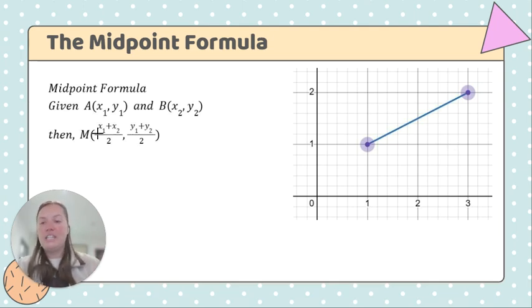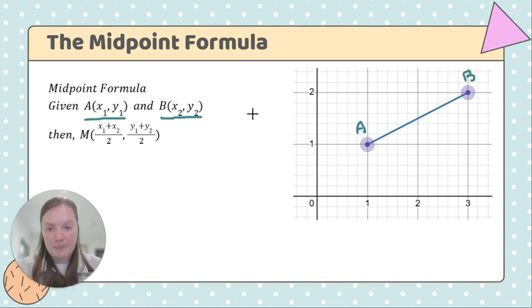Now, what this fancy stuff is saying here is if we have a single point, we'll call it A, and another point, let's call it B. We can take the values just like how we labeled the distance formula, and plug them in to find our M, or our midpoint.